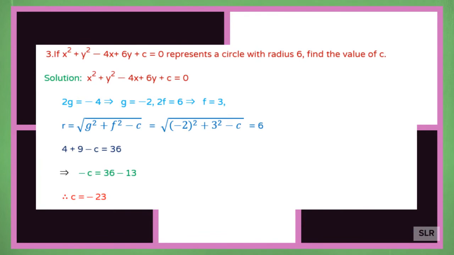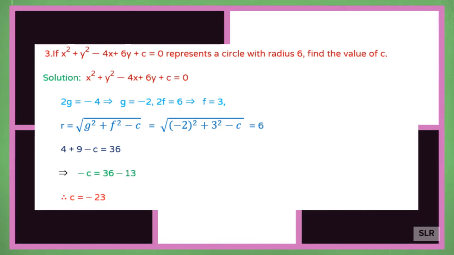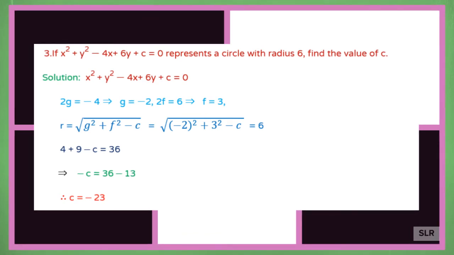Third problem. If x² + y² - 4x + 6y + c = 0 represents a circle with radius 6, find the value of c. Here the circle radius 6 is given; find the c value.